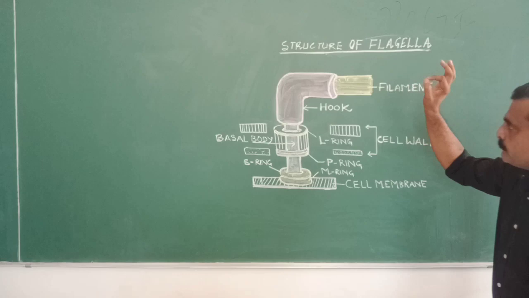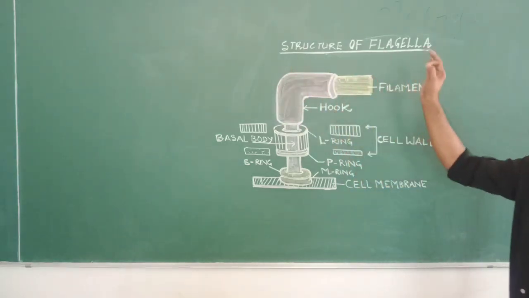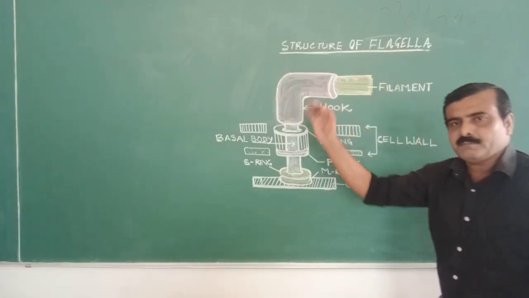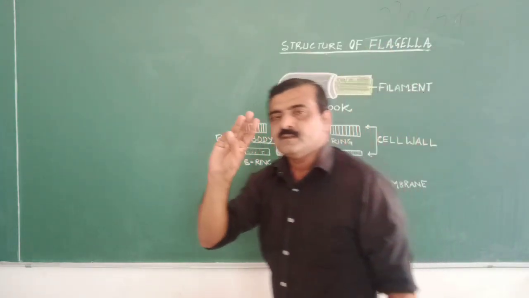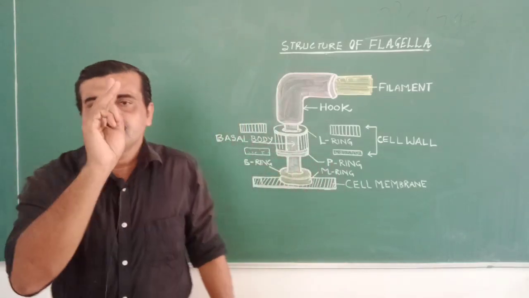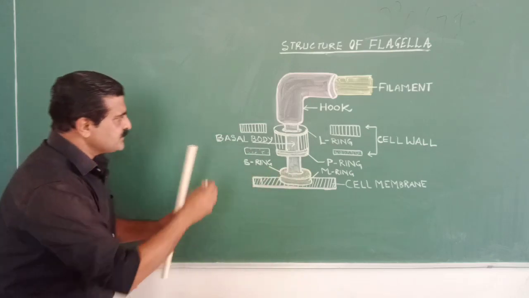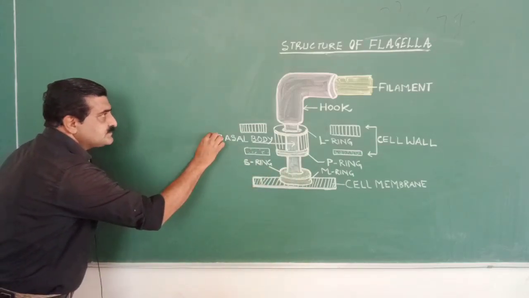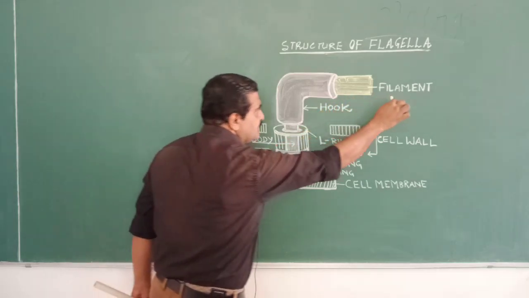Now the main body of the flagella consists of, means that a flagellum consists of three parts. Listen to me carefully. We have to concentrate on three parts. Name the three parts. Number one, basal body. Number two, hook. Number three, filament.